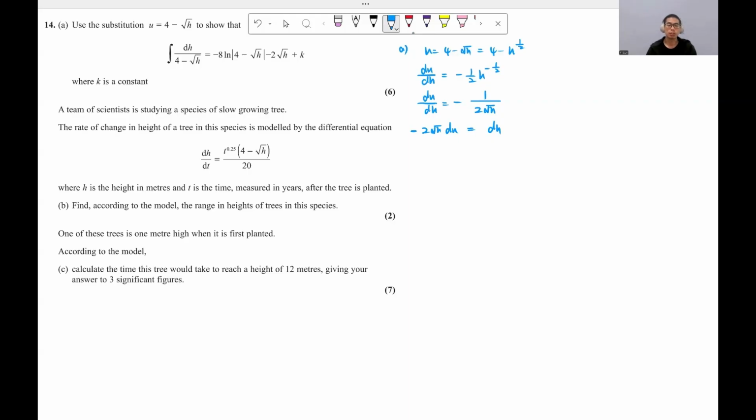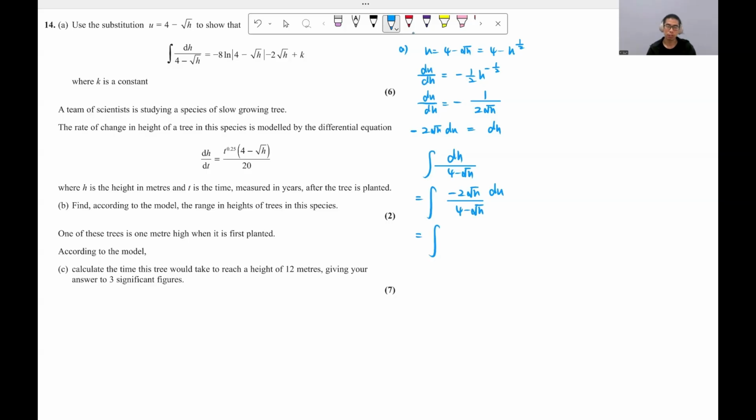Now we have dh in terms of du, we can do the substitution. So we have the integral of dh over 4 minus root h. So straight away we can change dh into negative 2 root h du, and then divide by 4 minus square root of h.